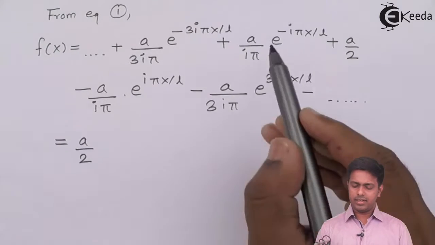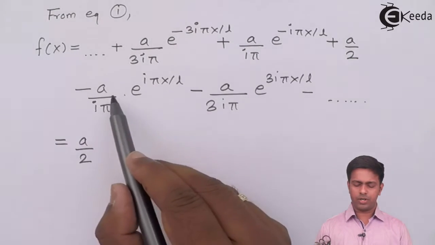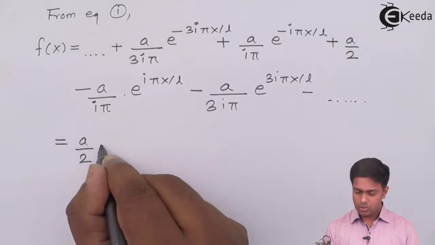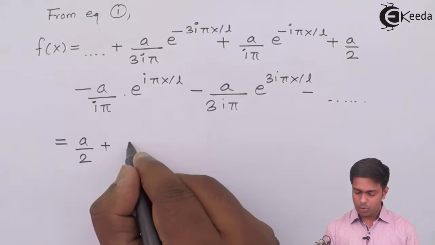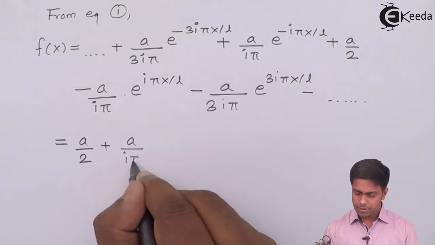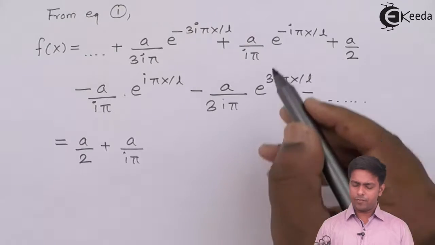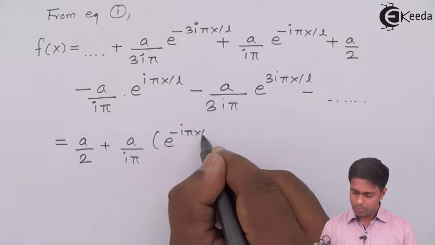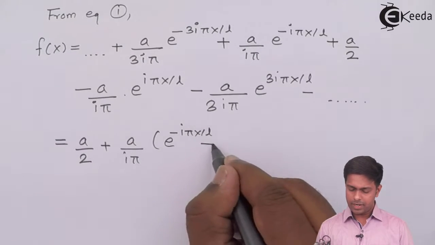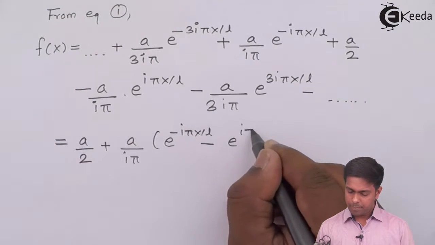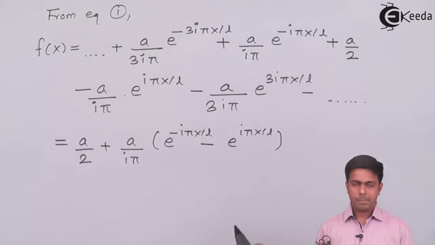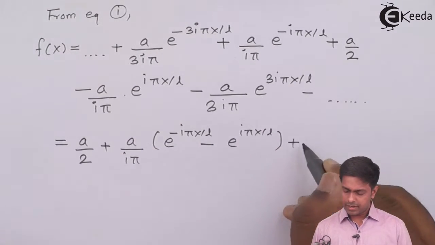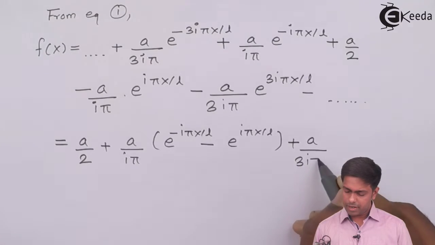Now let's see this second term and the fourth term. In these two terms I can take a upon i pi common. So here, let's say a upon i pi common, and in the bracket from here we will get e to the power minus i pi x upon L, and from here minus e to the power i pi x upon L. Similarly, from the first and fifth terms we can take plus a upon 3i pi common.